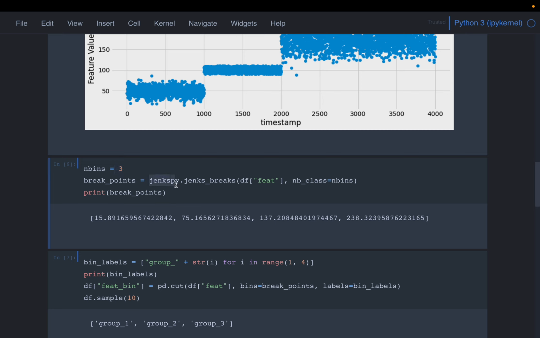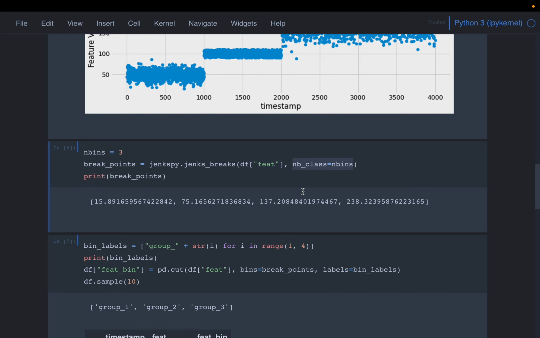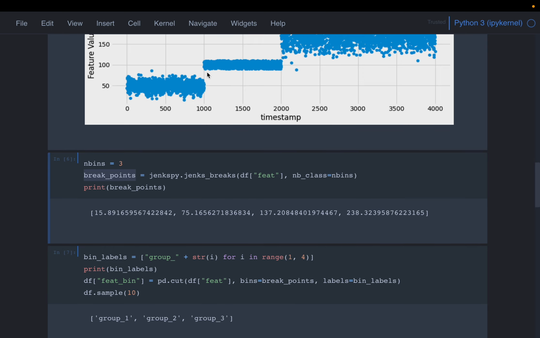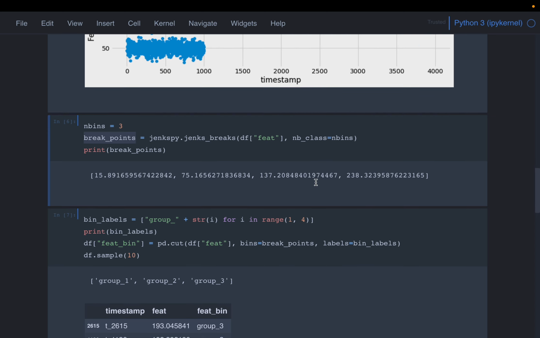So we call the Jenks-Fisher algorithm with the raw features and the number of groups we want to divide into. It returns these breakpoints or boundaries. The first group is going to be between the lowest value, maybe 15, and 75, and the second group between 75 and 137 or so, and like that.